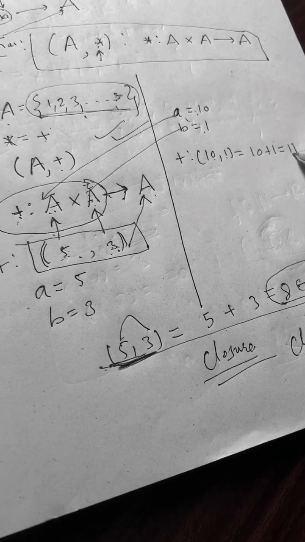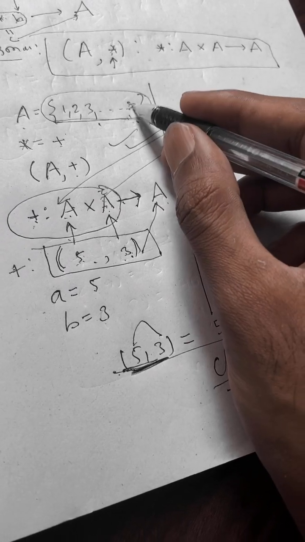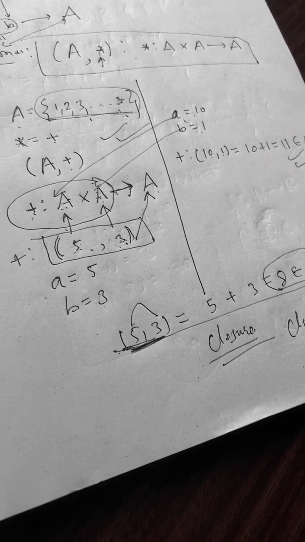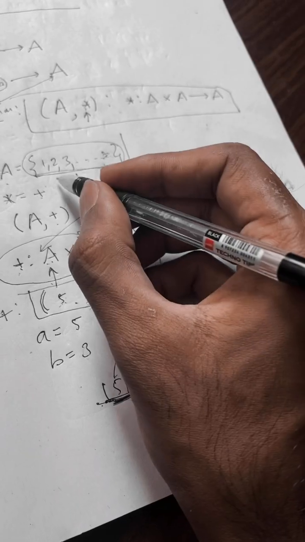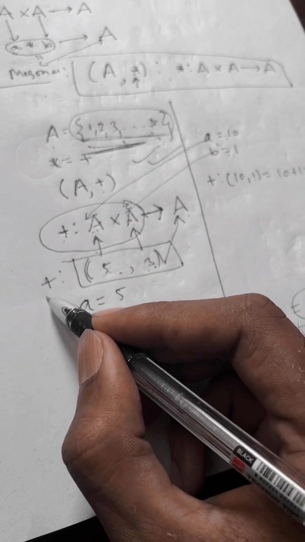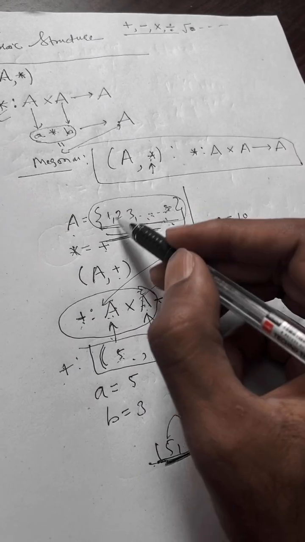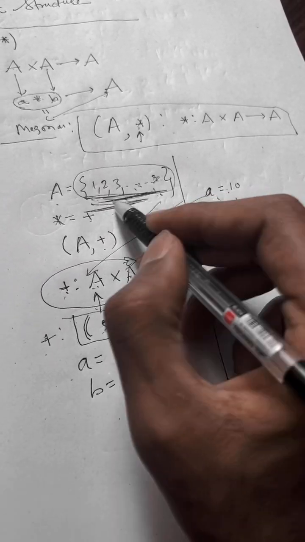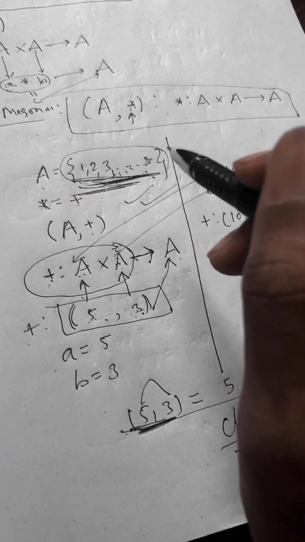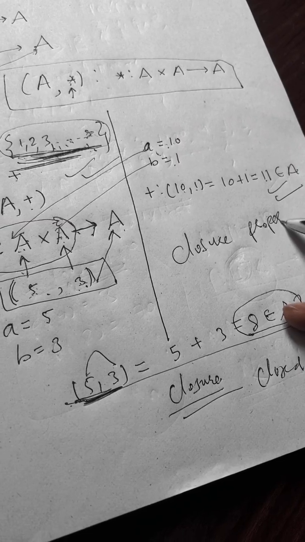Now we check, does 11 belong to this set A? Of course, because it is the set of natural numbers. So 11 belongs to A, and closure is satisfied. No matter what number you choose here, when you do the addition, the answer will also be in this set. If both your numbers are from this set, then their addition result is also in this set. And if it is so, then it is called the closure property.